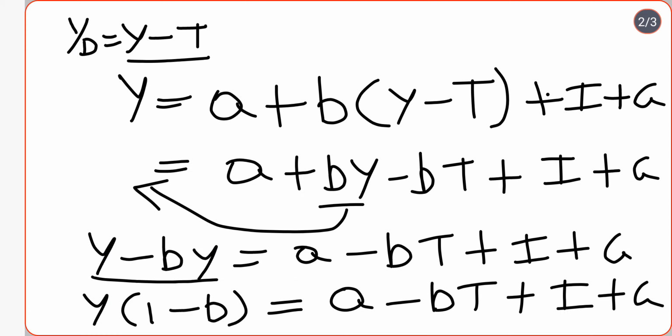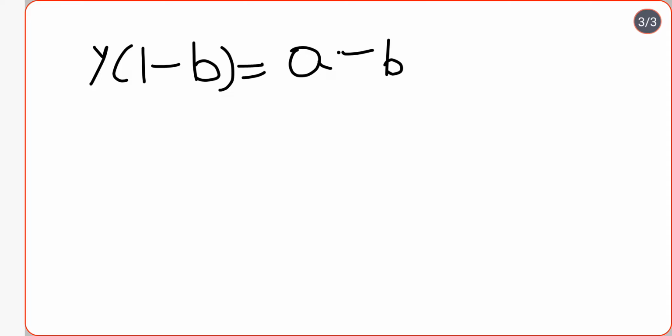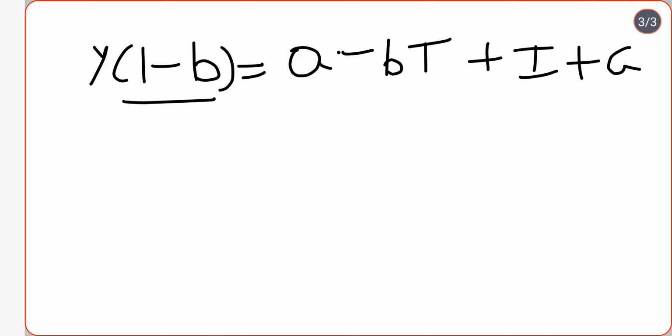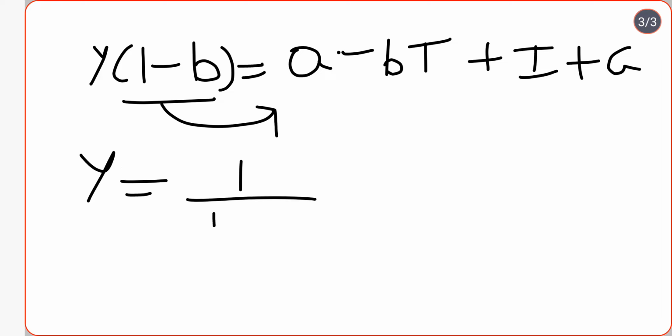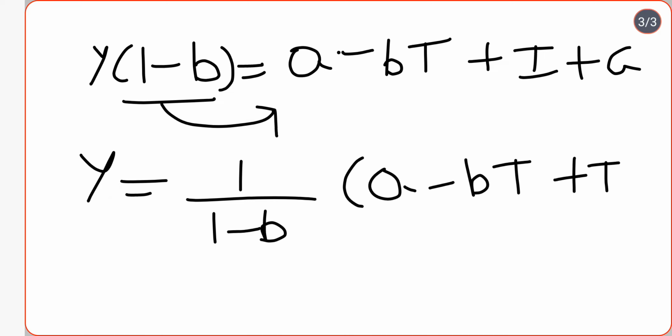Now I am writing this entire expression in a new page again. Y into 1 minus B equals A minus BT plus I plus G. Now if we take this 1 minus B to the right hand side, then this term will be divided as 1 by 1 minus B into A minus BT plus I plus G, right?